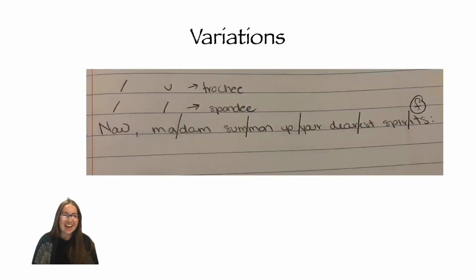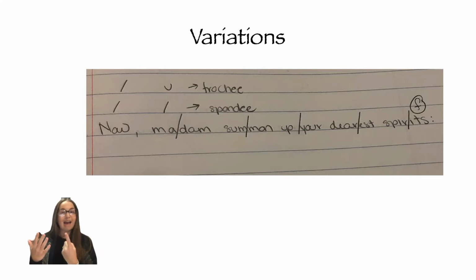All right, so now let's look at this line from Love's Labour's Lost that contains some potential variations on the iamb pattern. And for me, again, the first thing that I like to do is go ahead and divide the feet. So, now madam, summon up your dearest spirits.